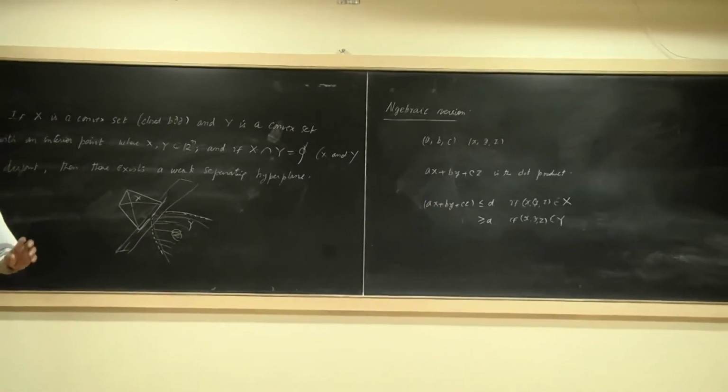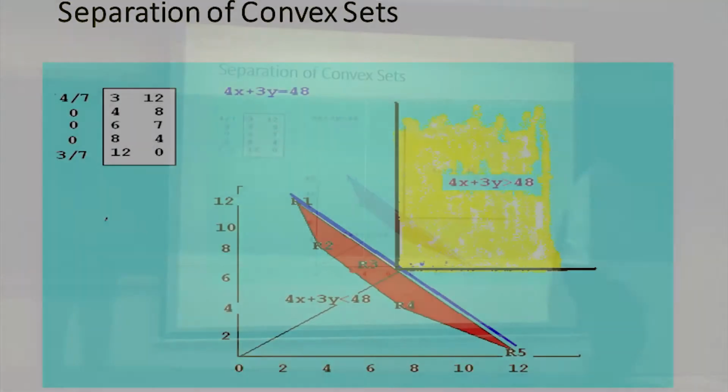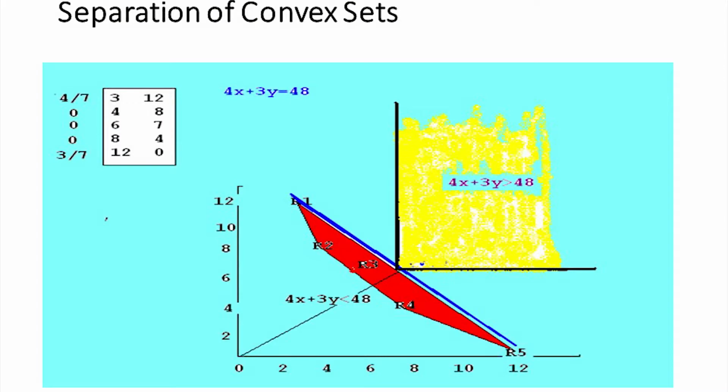This is the theorem. I am going to now first show that picture. Here is a game. It's a two-person game. Player 1 chooses one of the rows in this matrix, and player 2 chooses one of the columns.